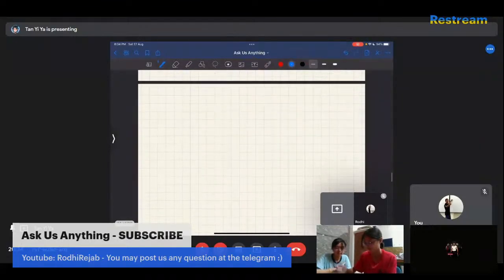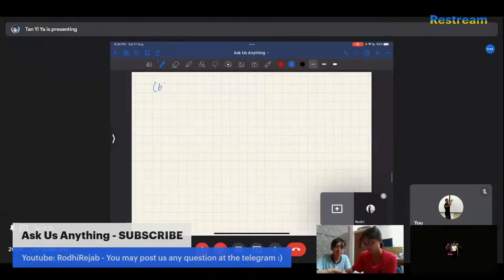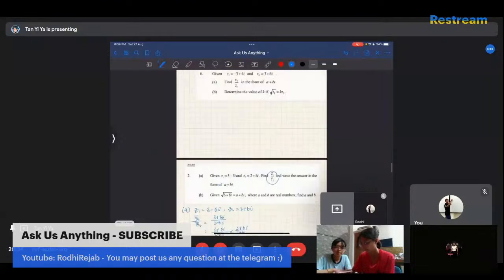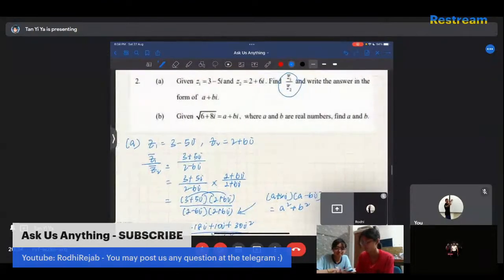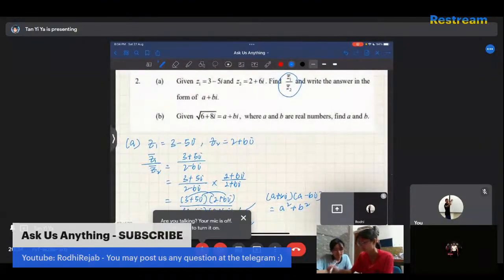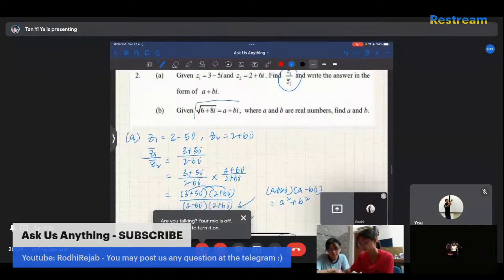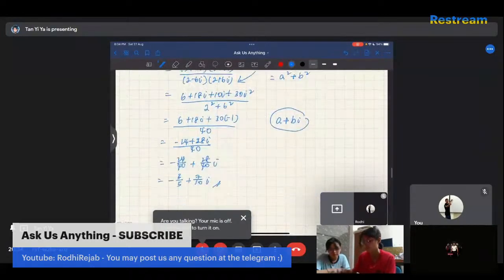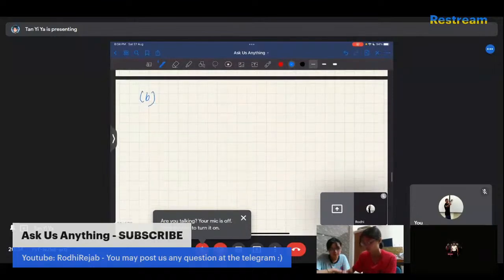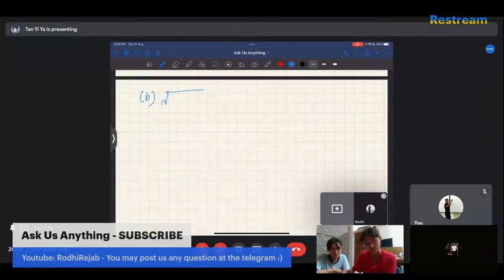Okay, for B, we have to solve this. We have to find the value of A and also B from this equation. It is square root of 6 plus 8i equals to a plus bi.